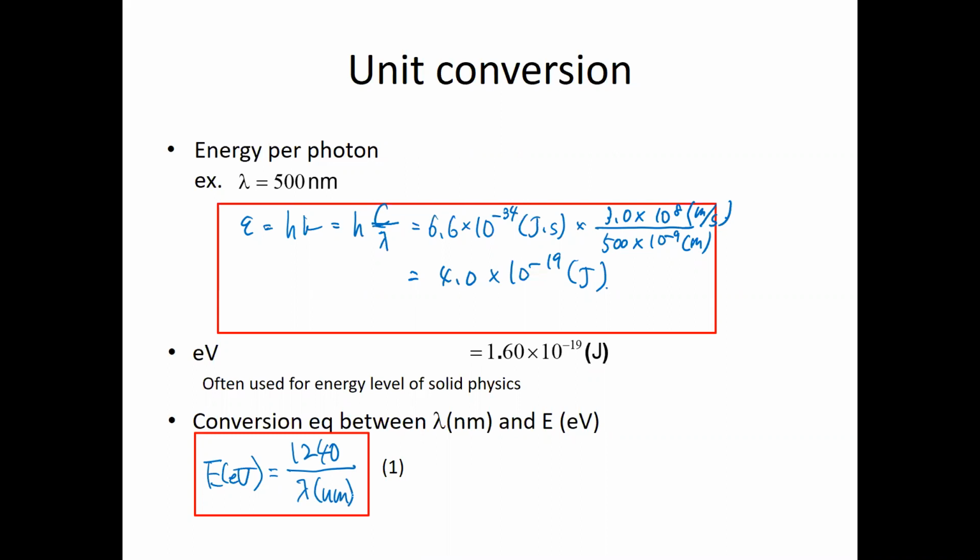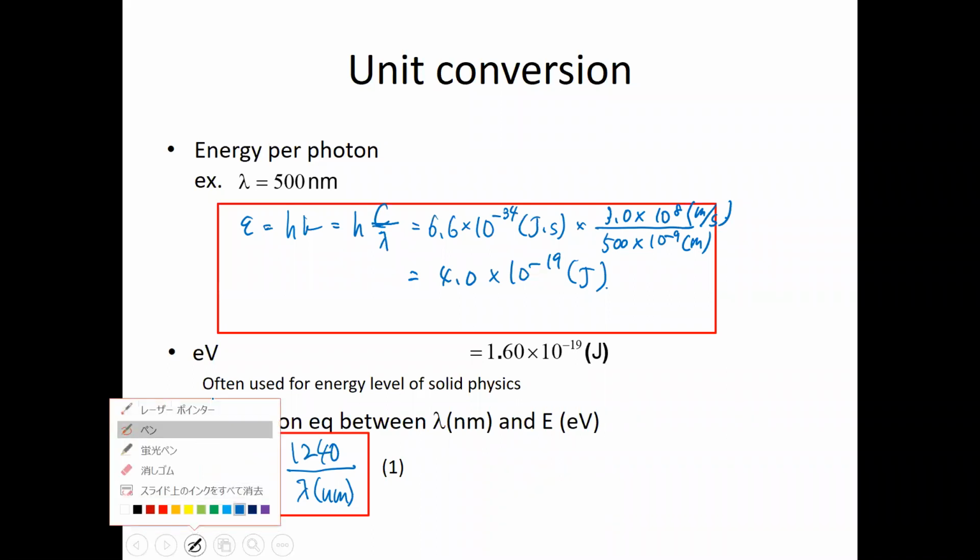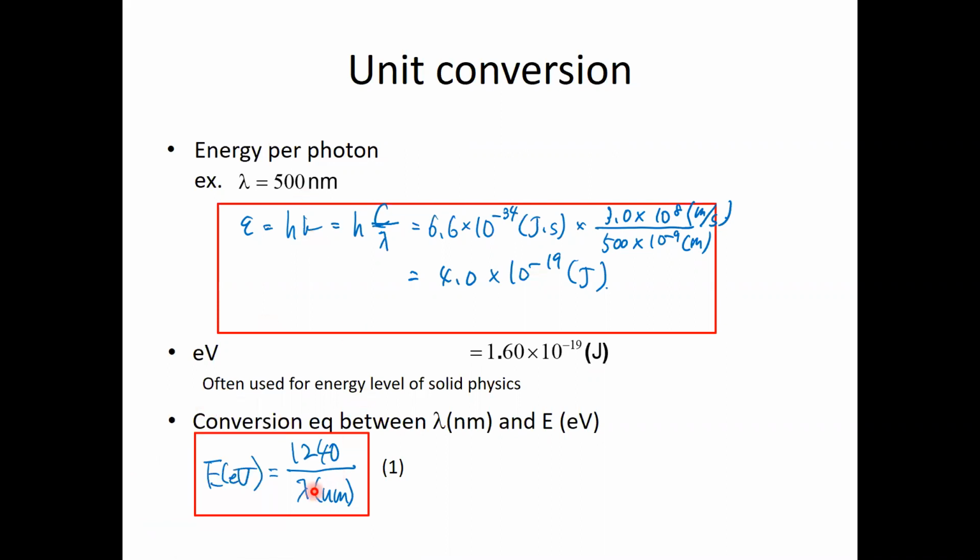So this is a very convenient way to calculate the energy of light. For example, for this 500 nanometer light, you can just put 500 here. You can easily calculate the energy is actually roughly 2.5 electron volt. So very easy to calculate.